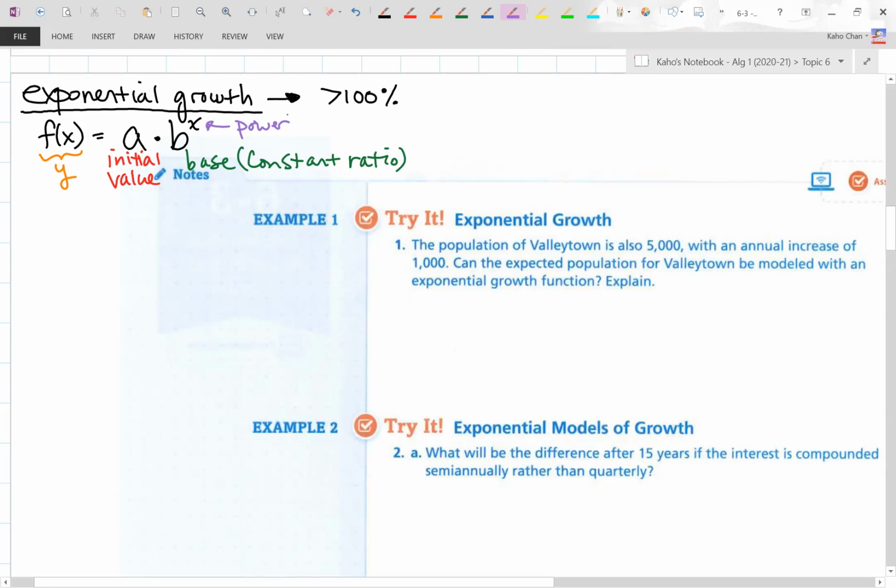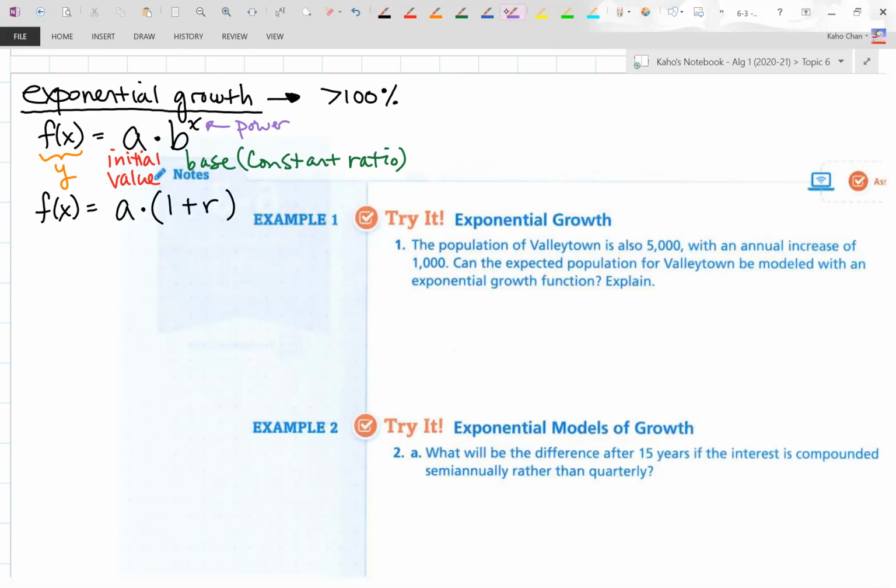Now, when it comes to growth, the base literally means greater than 100%. So this function, f of x equals a times b, I can break it down a little more, is literally 1 plus r. The 1 is 100%. r is the growth rate.